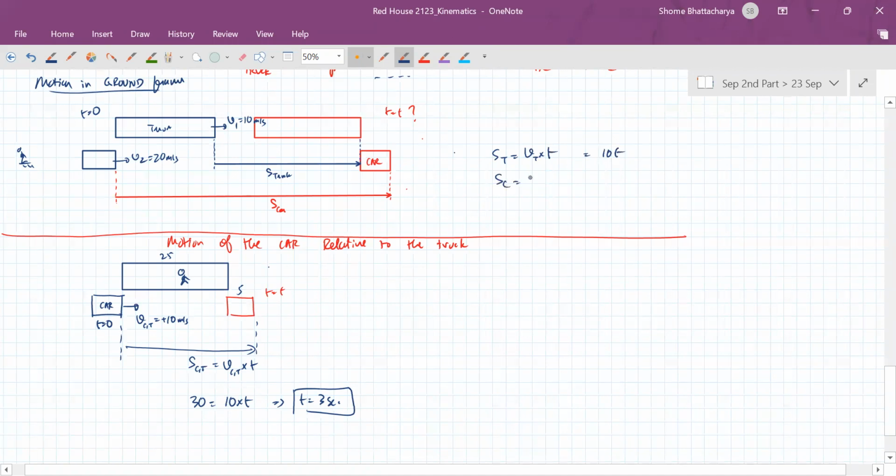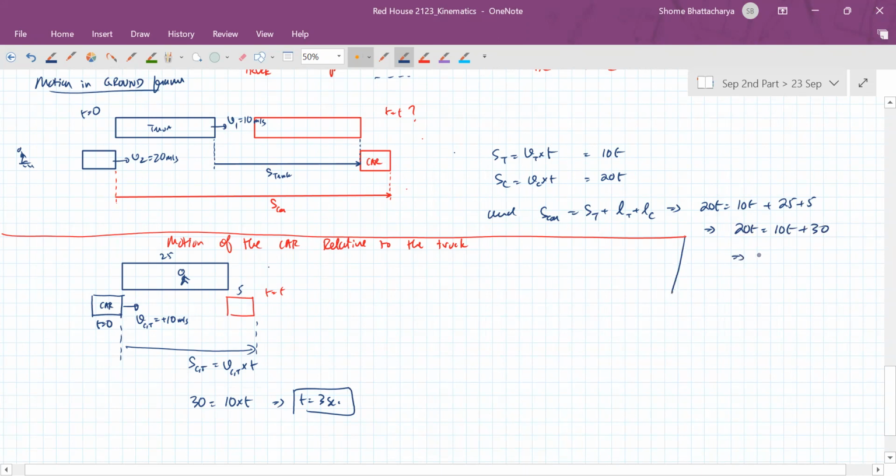The displacement of the car is velocity of the car into time. So that is 20t. And what we observe is that the displacement of the car, this whole line, should be equal to the displacement of the truck plus the length of the truck plus the length of the car. So 20t should be equal to 10t plus 25 plus 5. So 20t should be equal to 10t plus 30.